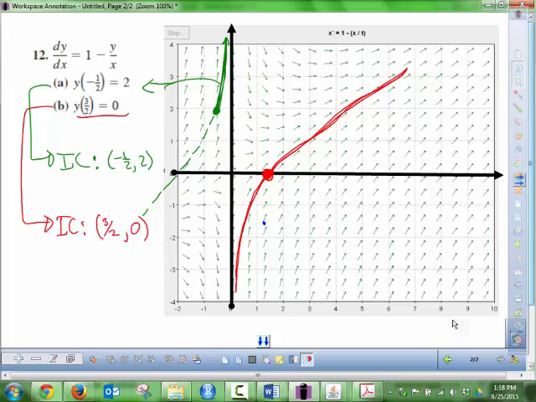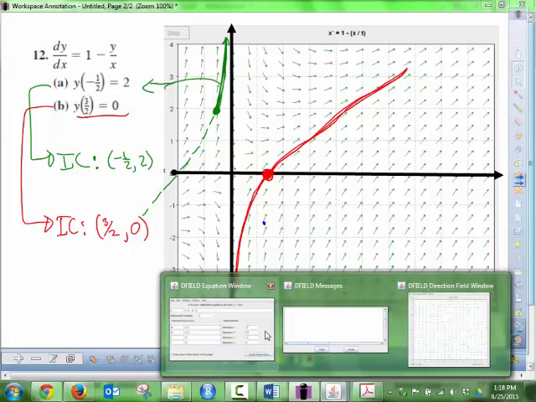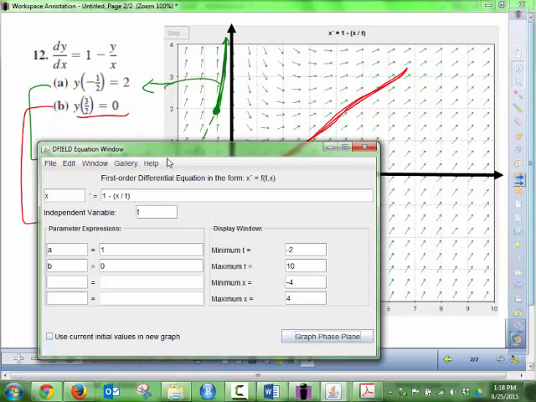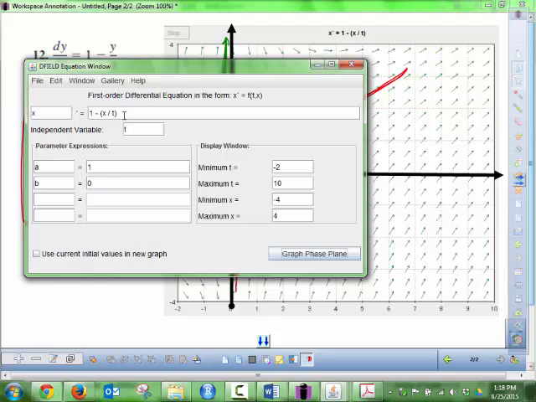Now, how are you going to draw this on your computer? I don't know. Good luck. No, there are some programs, and you'd have to look for them, where you have the given differential equation, and if you put an initial condition in there, it'll not only draw the slope field for you, but it will also draw the graph, the particular solution, for you.